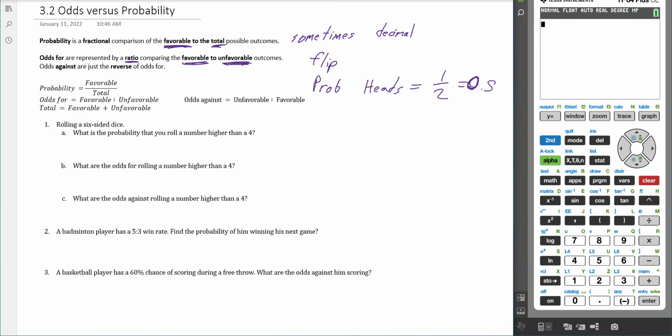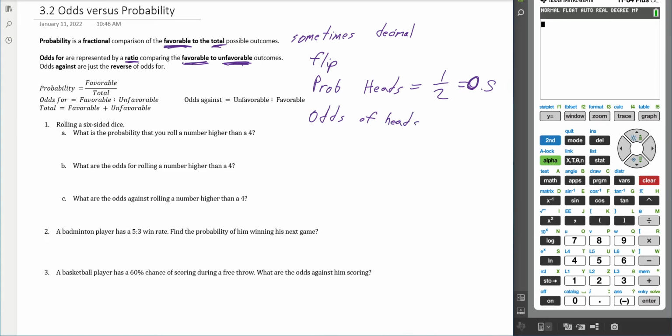The odds of getting heads, on the other hand, is slightly different.